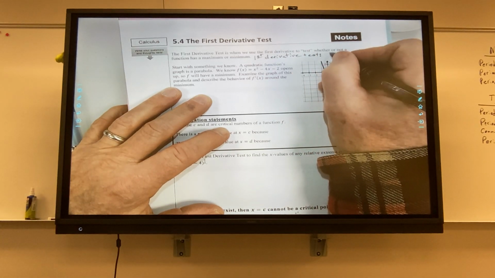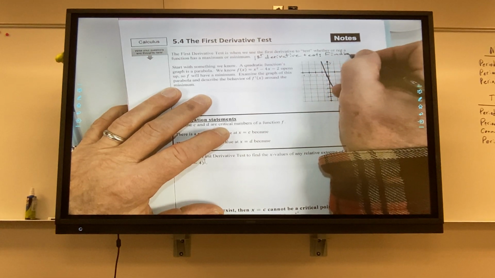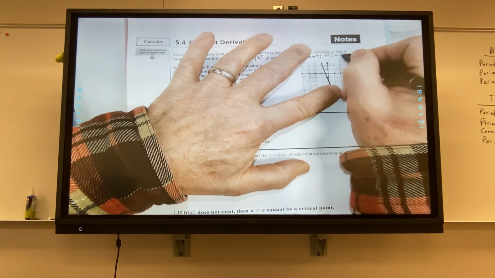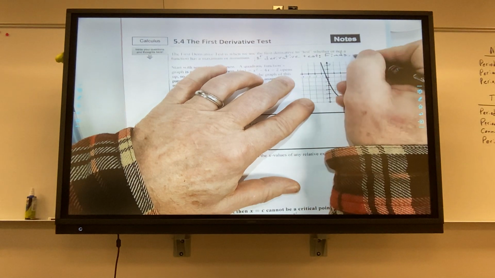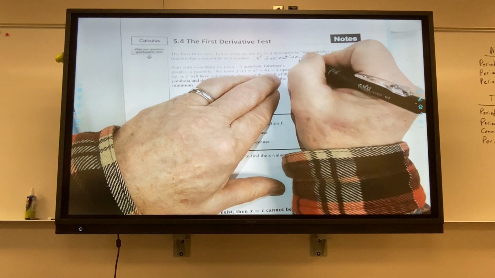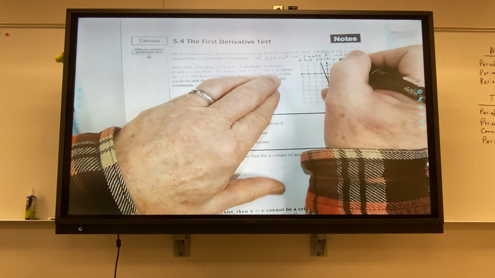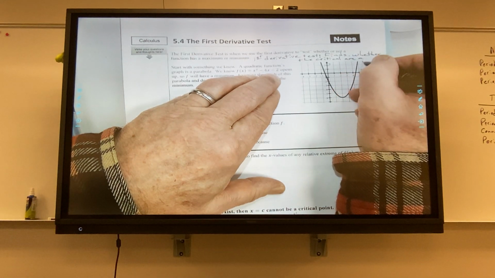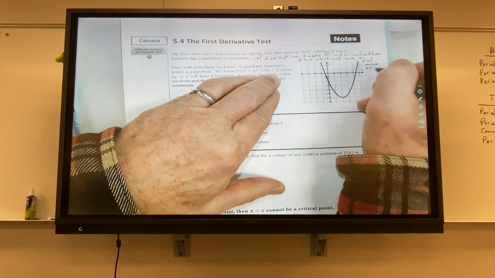It finds whether the critical points are a relative max or min.